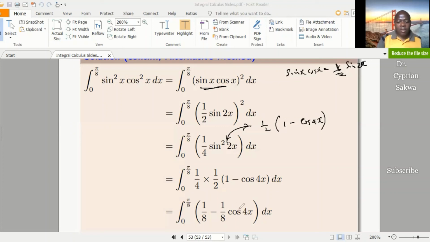Now this can be integrated because you no longer have a power here. The power is 1. So this will give you 1 over 8 x minus 1 over 32 sin 4x, and then you put the constant of integration, and you get the same result. And that is how we do integration of a product of sine and cos when the exponents are both even.